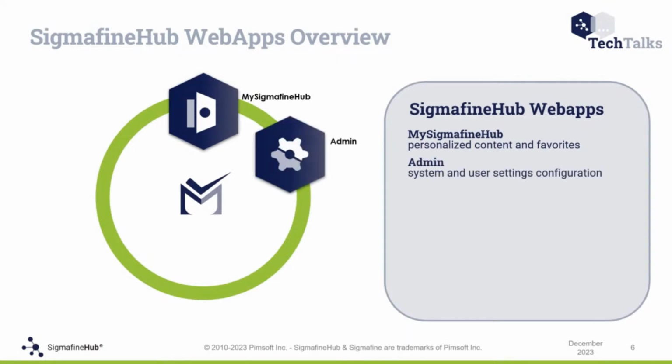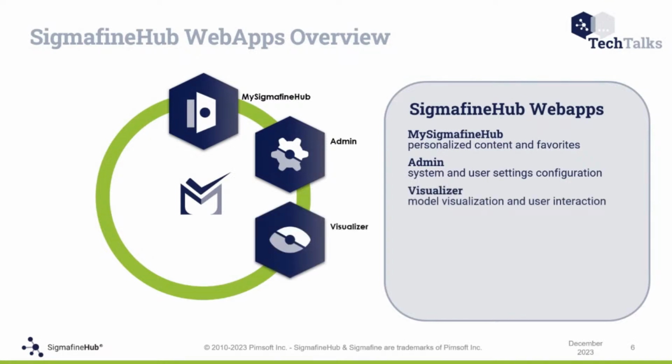Then we have the admin function, which allows you to import, for instance, displays, and also create users. SigmafineHub uses the Microsoft Active Directory accounts. So it just matters to bring those accounts into SigmafineHub and configure the rights and accesses for each user that is allowed into SigmafineHub.